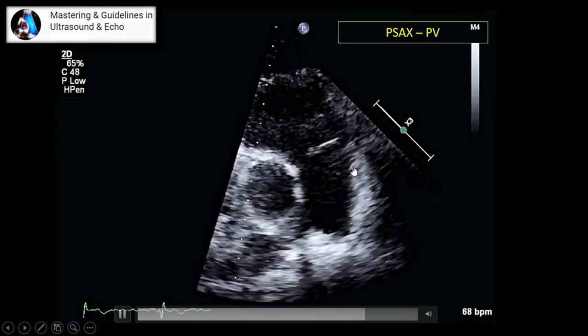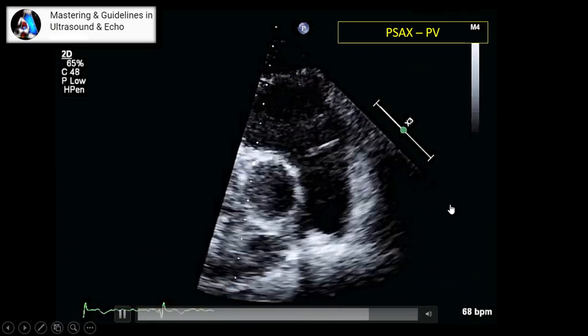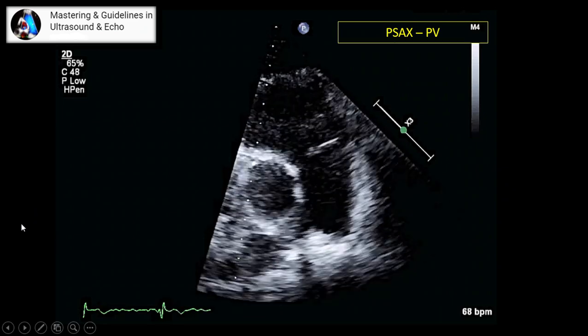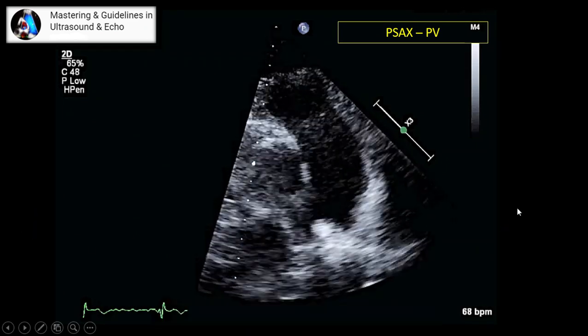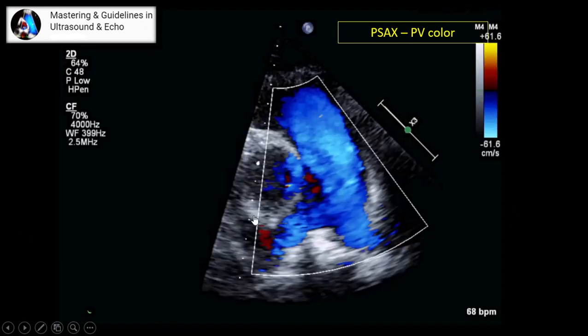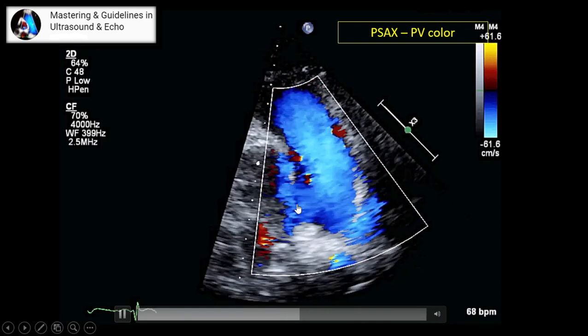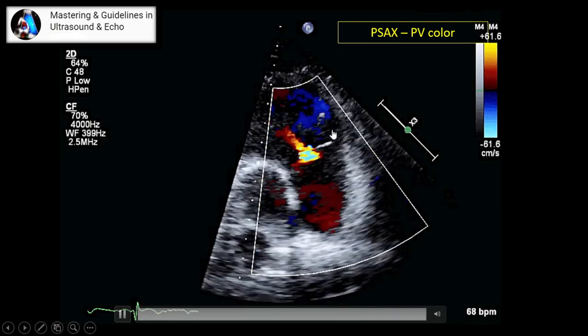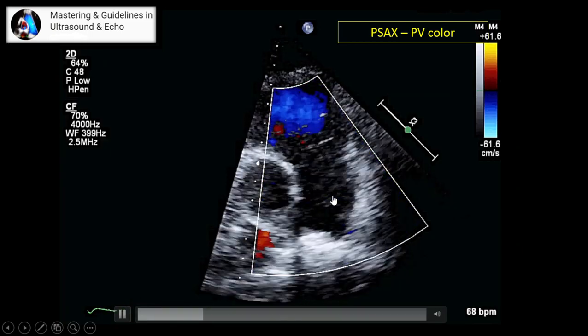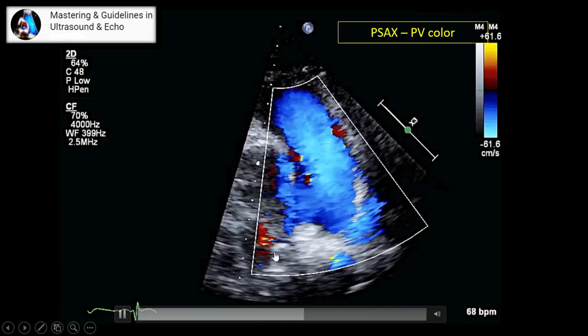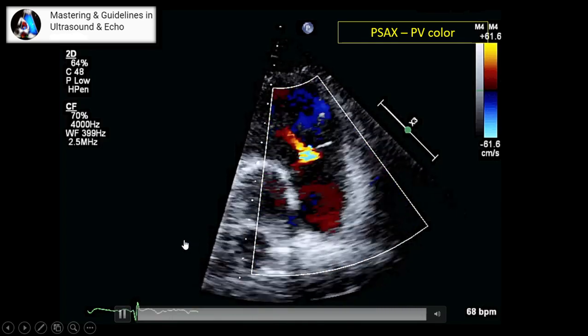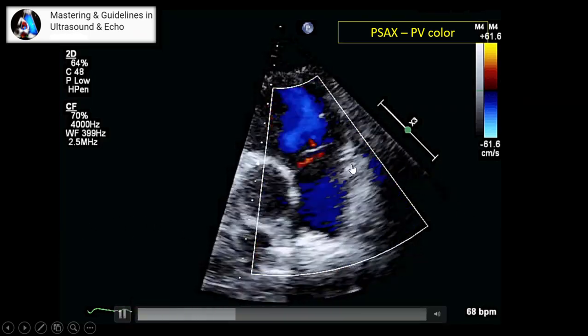When you see the pulmonary artery very well, then we put color on it. Here we have a very nice view of the pulmonary valve, the pulmonary artery, and even the right and left pulmonary artery branches.